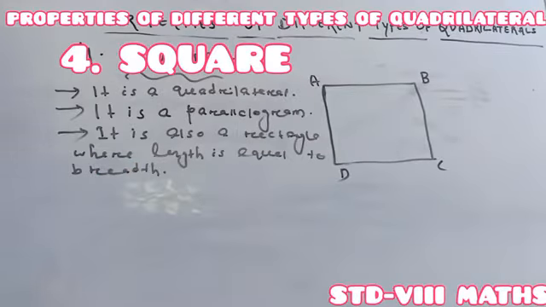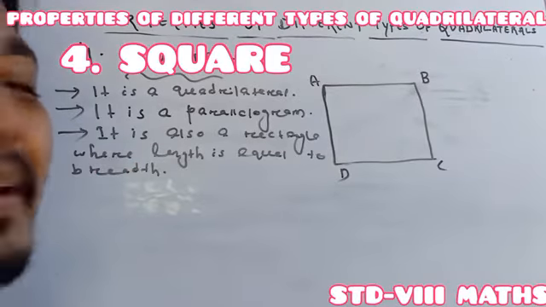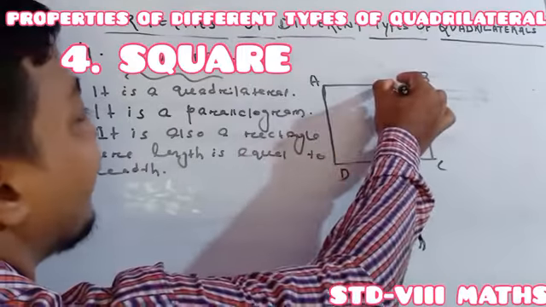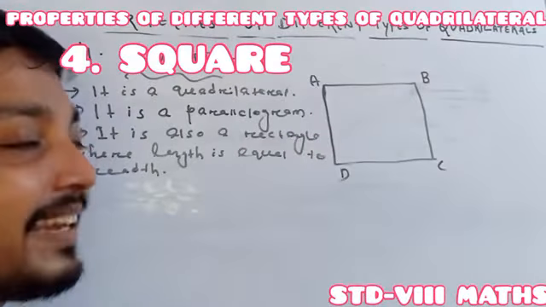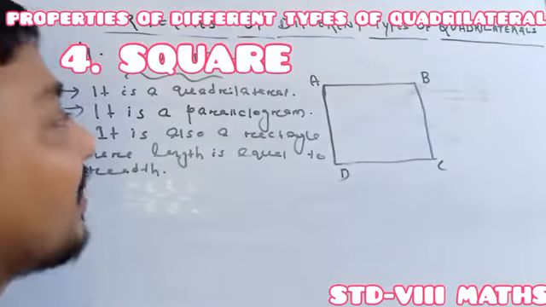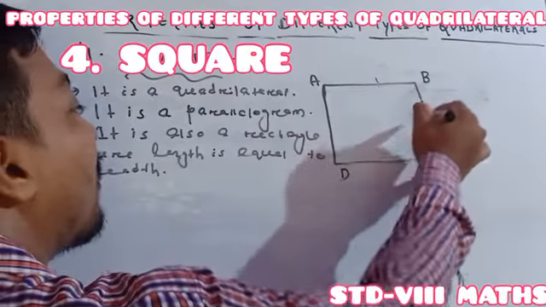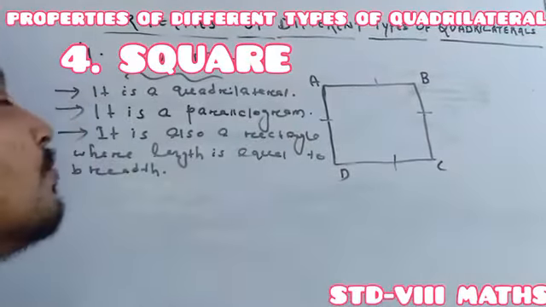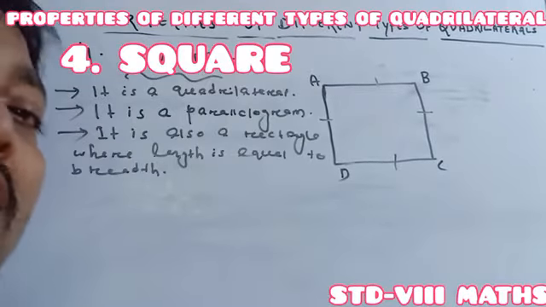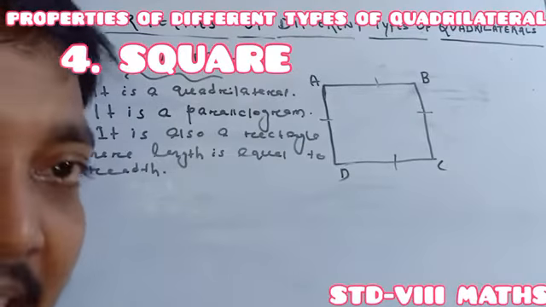See, it is a rectangle in which length it is equal to breadth. Length it is equal to breadth means any two consecutive sides are equal. Otherwise, one can say that all of its sides are equal. It is a rectangle whose all of its sides are equal. Otherwise, the rest of the other criteria, it is as same.